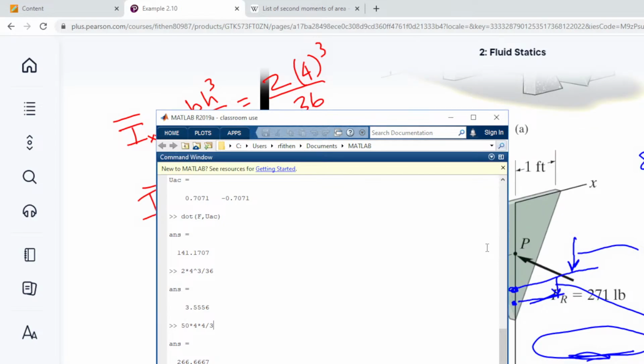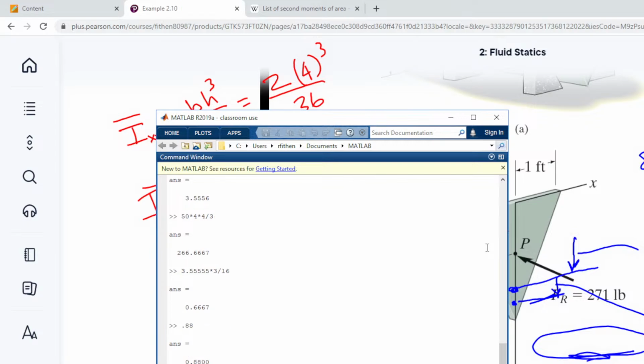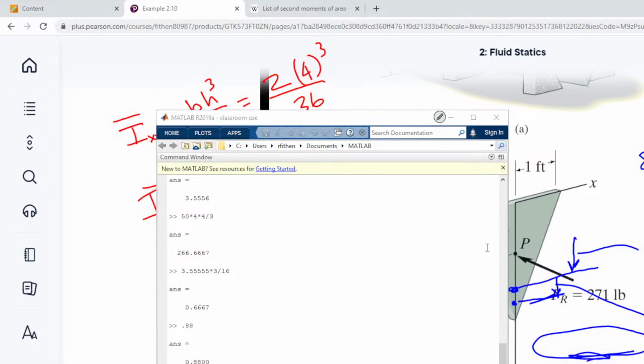So 50.88 gets you 271. So that's what you get right here. In fact, had I carried my digits like he did, I would have got the 271.